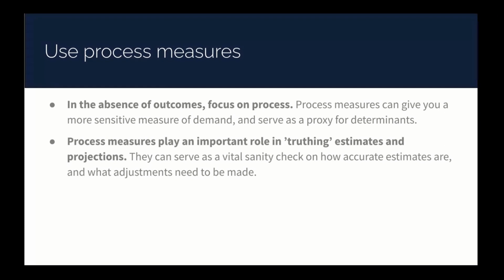So setting a baseline of what the process measure of people served looks like compared to the overall outcome measure in the community, and then doing some estimation based on that, tracking it over time, can give you a really smart and comprehensive way to do a needs assessment.